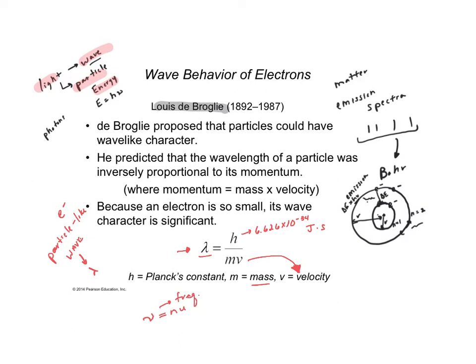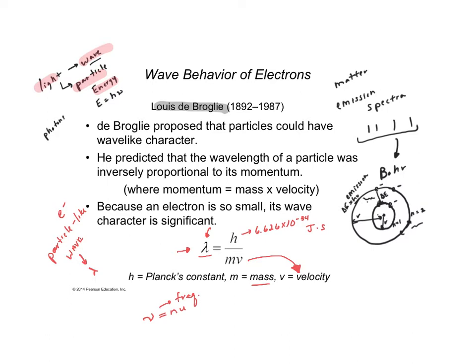Okay, so that was the big thing. So maybe all things have wavelengths. Maybe all things behave like waves. The region of space where something having a wavelength actually becomes important is when the wavelength itself is comparable to the size of the thing that it's representing.